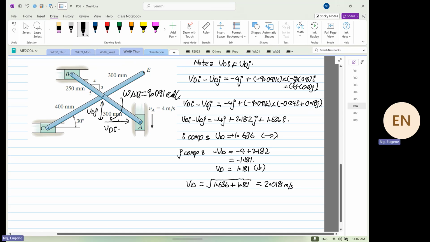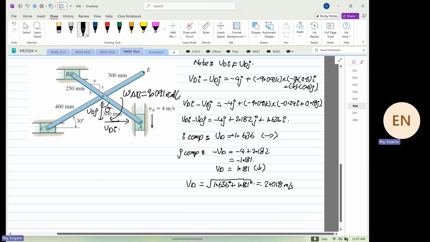I'll do it again. 1.636 squared plus 1.181 squared. 2.018. Okay, so I get 2.018. Okay. So we know our direction, then I'm going to find out our what?